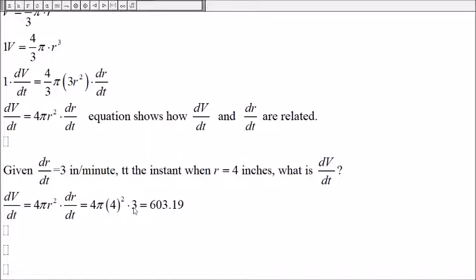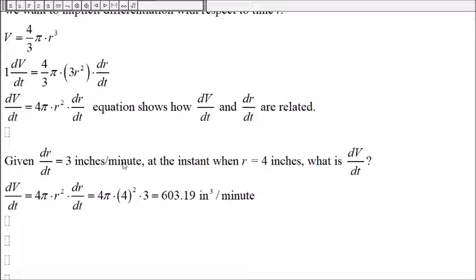And if we multiply this out, this comes out to be about 603.19. And this is the unit. And so the rate of change of the volume with respect to time would be about 603.19 cubic inches per minute.